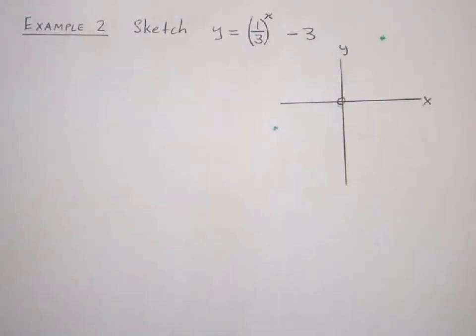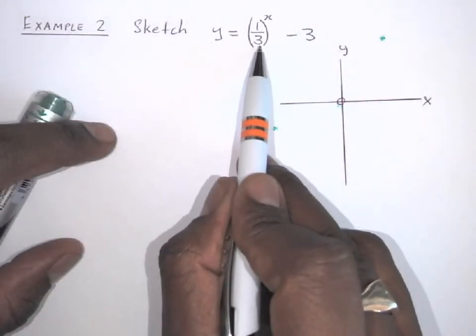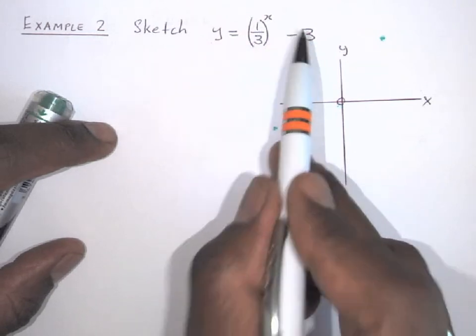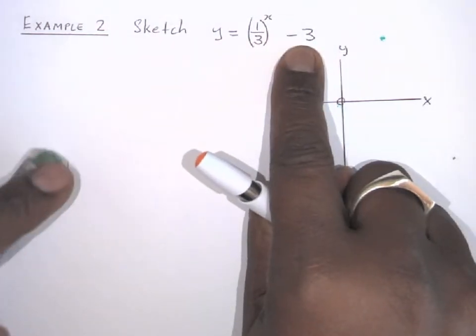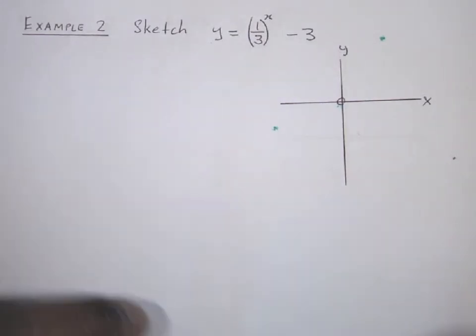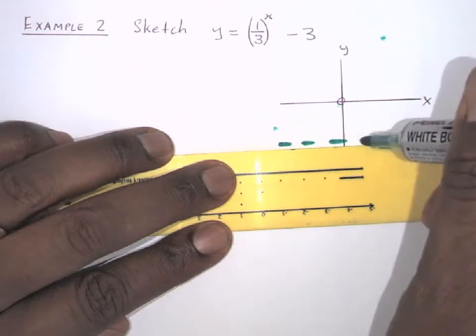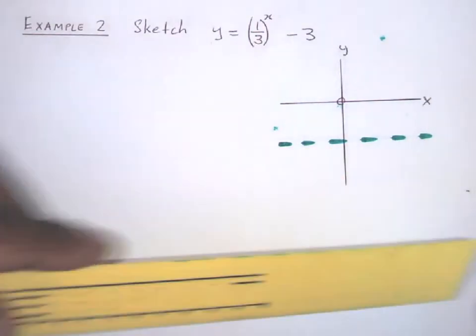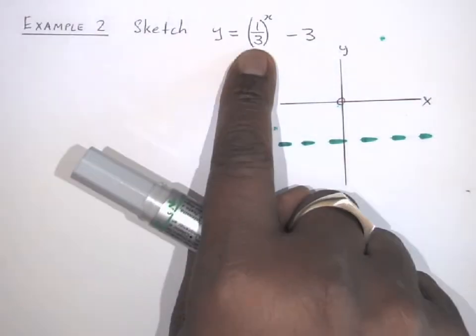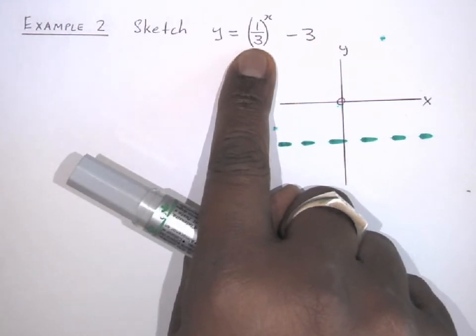Suppose they say I want us to draw the graph of y = (1/3)^x − 3. We can see that the horizontal asymptote is at minus 3, so I'll draw it over there like so. Now I can see that the graph has a b value which is a third.